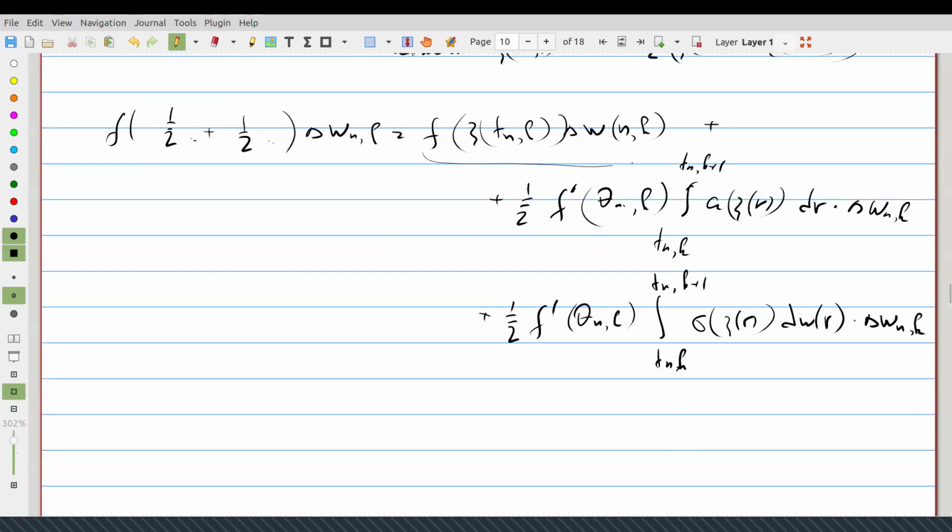Now, this should lead, when we consider the sum and the limit, to just integral psi of s dws.